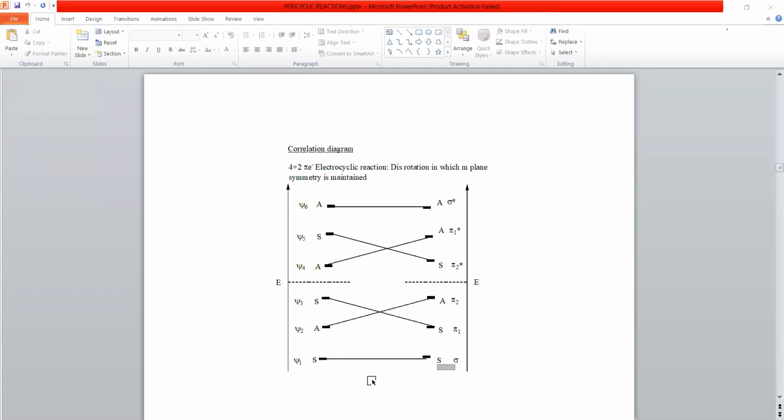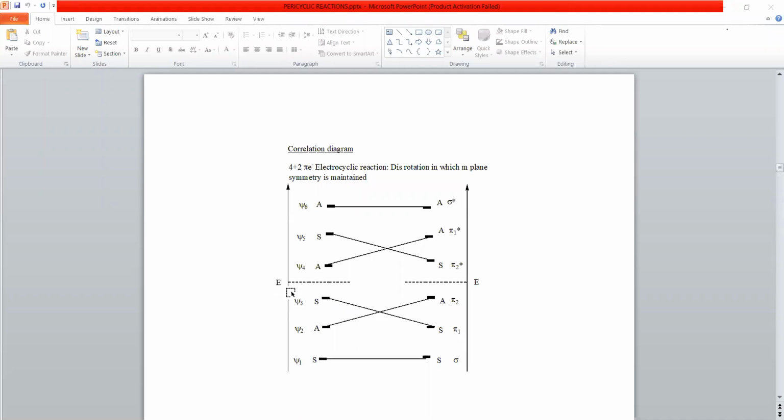Pi1 square correlates with psi3 square. And pi2 square correlates with psi2 square. So psi1 square correlates with sigma square, psi2 square correlates with pi2 square, and psi3 square correlates with pi1 square.